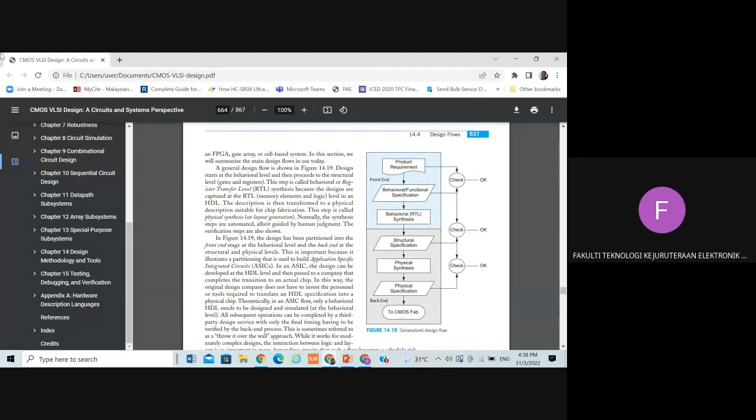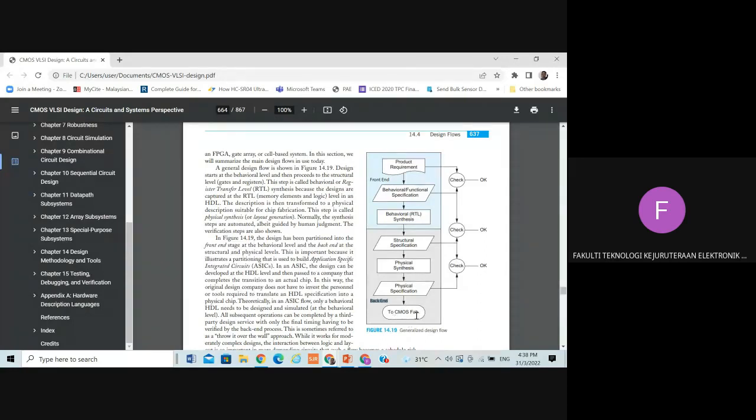Normally for our VLSI design, this is the design flow. Our course will cover the back end, as I mentioned just now. Structural specification, physical synthesis, physical specification, and then CMOS fabrication. But for CMOS fabrication, we're not going to fabricate.